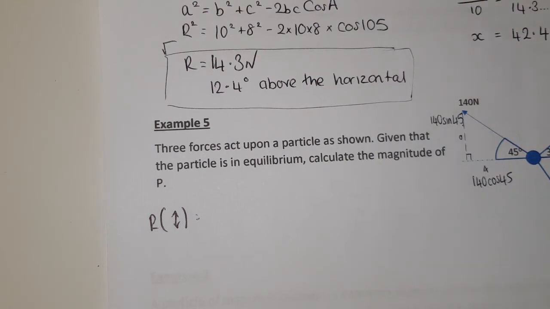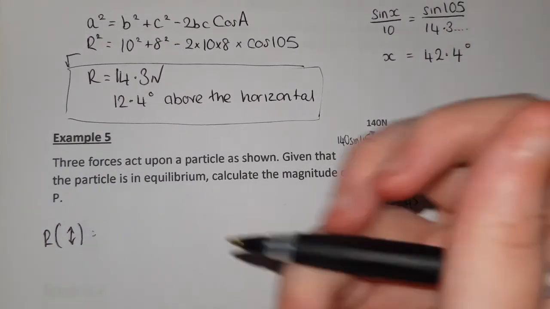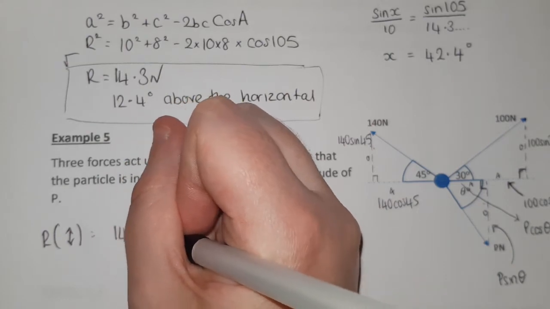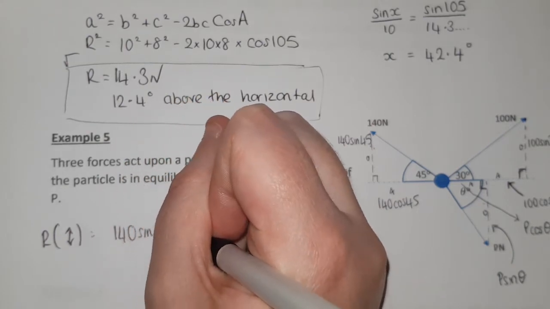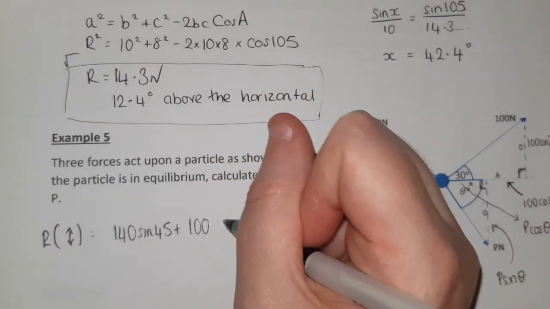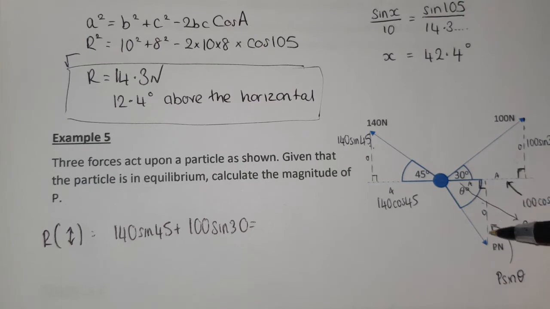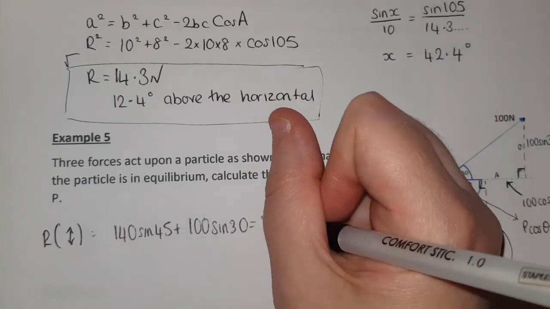I'm just going to go with everything pulling the object upwards has to equal everything pulling down. So the vertical component of this force was 140 sine 45. I've also got the vertical component of this one, which was 100 sine 30, and that has to equal the vertical component here, which is P sine theta.